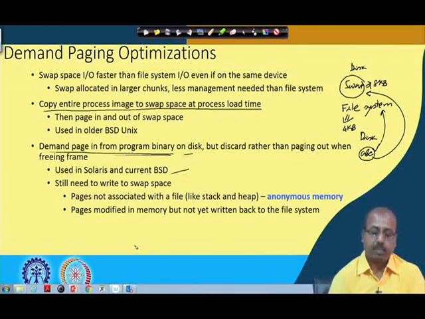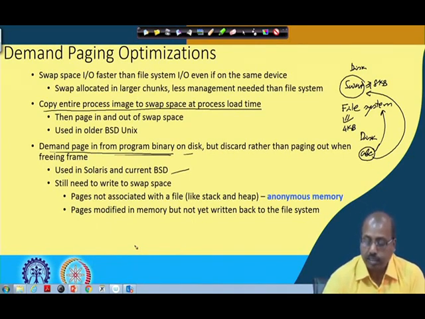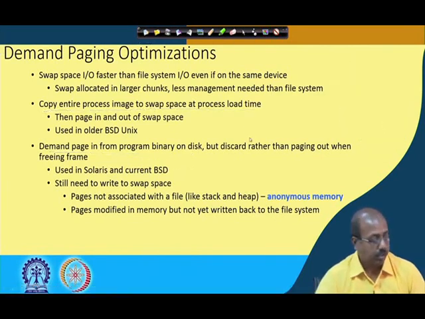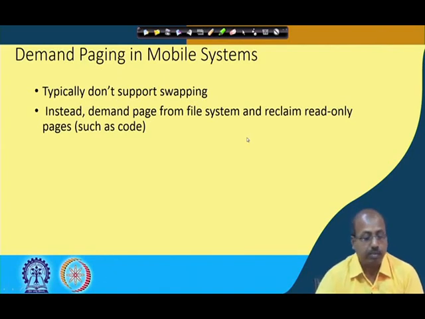If we want to swap out, those pages are to be written to the swap space. So we still need to write to this disk space. We cannot omit the swap space altogether. That depends on the type of approach that we follow.